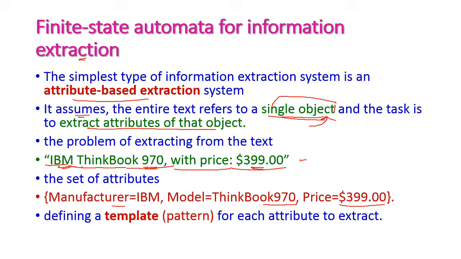So here we have to define a template for each attribute to extract. For each attribute we have to define a template. So we can use this template for extracting any similar objects; any similar object we can use the same attribute.